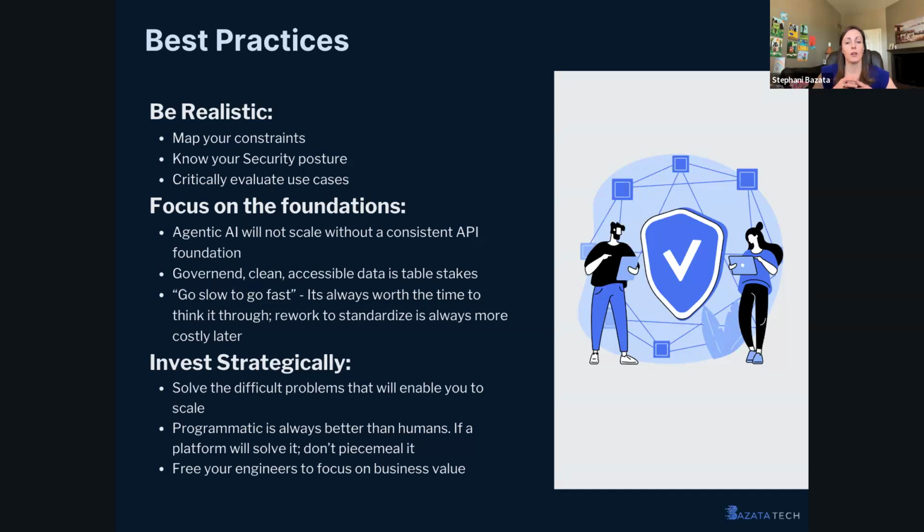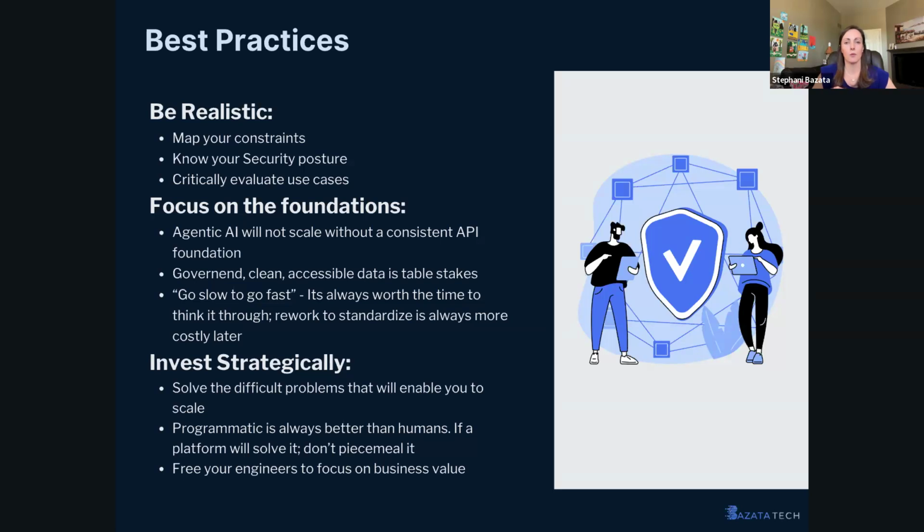Which brings me to invest strategically. So, again, it's patterns. When you keep hitting the same hard problems with your data, every time you've invested in a new value use case, if you find yourself paying people or SIs to try to do really hard work and it's prolonged, take a hard look.